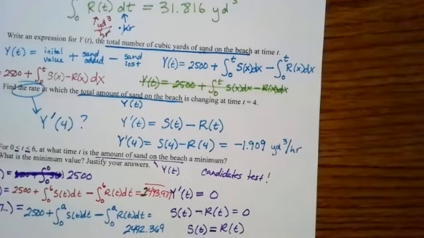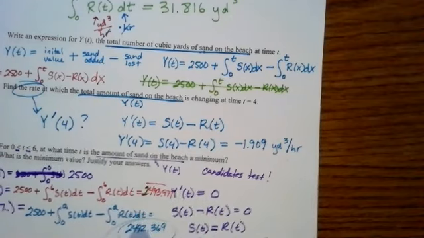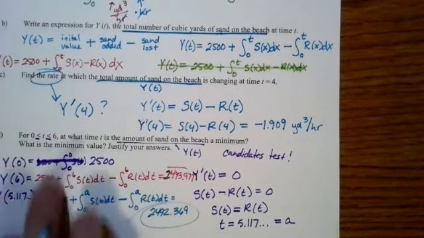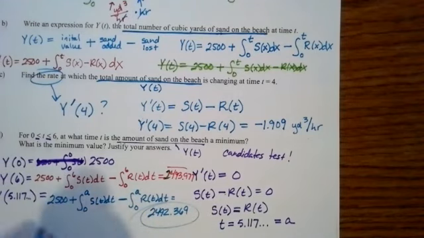Okay, and we wanted the minimum value. So of all of those values, the minimum is sitting right here. And we are going to justify our answer, and we're going to write this in a full sentence.